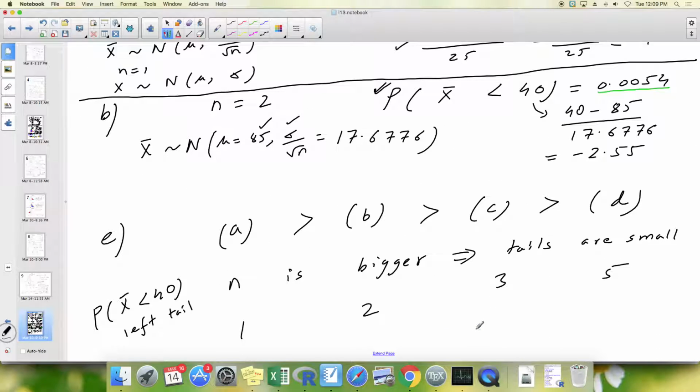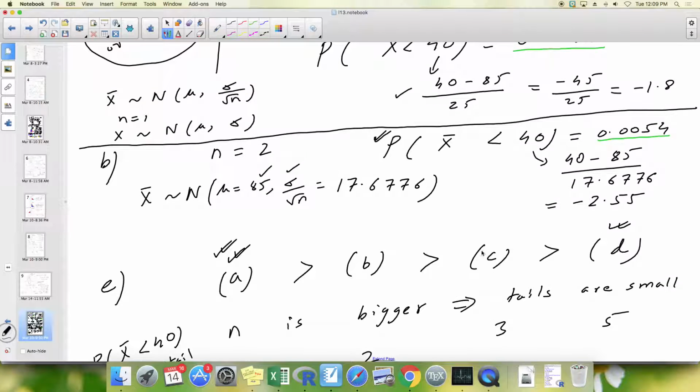Here n is the smallest, and it goes up to here. So the tail should be biggest for part A, and it should go down up to D. That's all, we need nothing more.